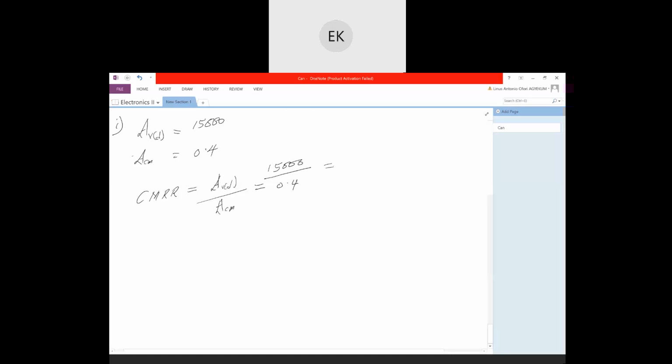which is equal to 15,000 divided by 0.4. What do we get? Can someone help us? 37,500.